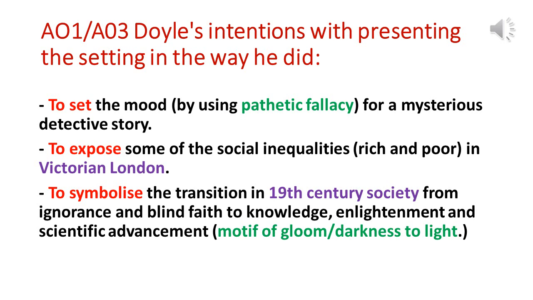Perhaps he wanted to expose some of the social inequalities in Victorian London, to show the unfairness in the differences between the rich and the poor. And finally, perhaps he wanted to symbolise the transition in 19th century society from ignorance and blind faith to knowledge, scientific advancement and enlightenment. So again, this idea of moving from the gloom into the light.